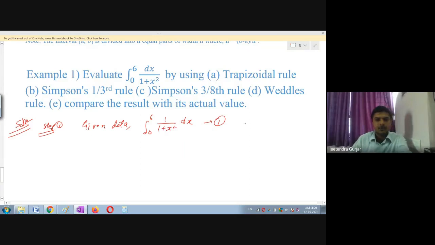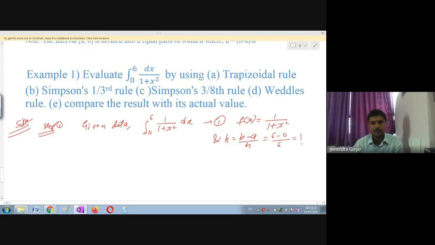I will take this as equation 1. Please remember here f of x, that is our function, is 1 upon 1 plus x square, and I will also calculate h. H is nothing but b minus a upon n. So how will you take n now? That is also important. So b is 6, minus 0, divided by how many intervals you will be taking here, students? Please remember, I will be taking 6 intervals here.